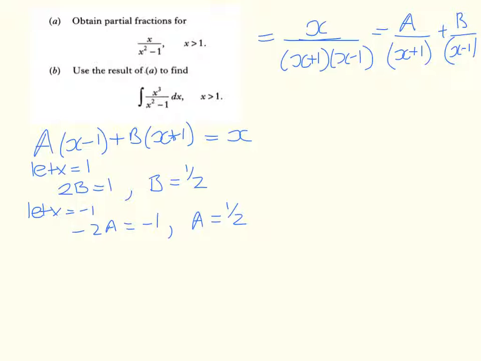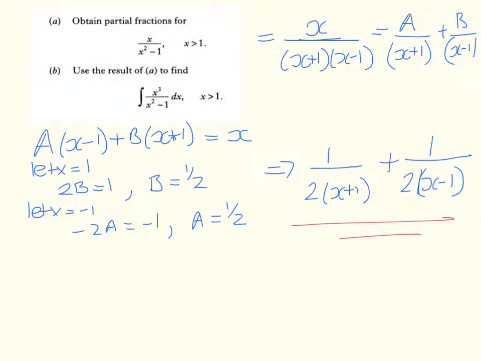So when we rewrite the expression, it's going to be 1 over 2 x plus 1 plus 1 over 2 x minus 1. Okay, and that's part A complete.